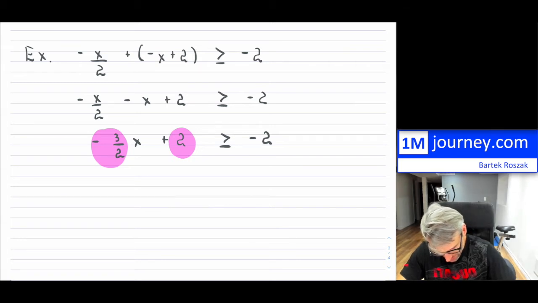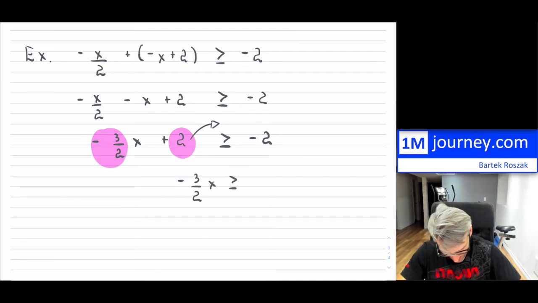Step two is I'm going to move the terms around. So I'm going to get rid of this because I just want to have my x on one of its sides. It's going to be negative 2 minus 2, which is just negative 4.